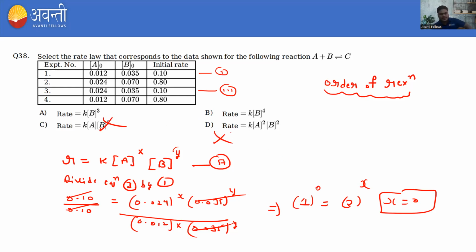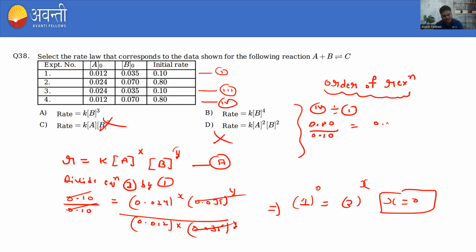So if I divide the fourth equation, this is equation 4, by equation 1, fourth divided by 1, what you will get is 0.80, and this will be your 0.10.